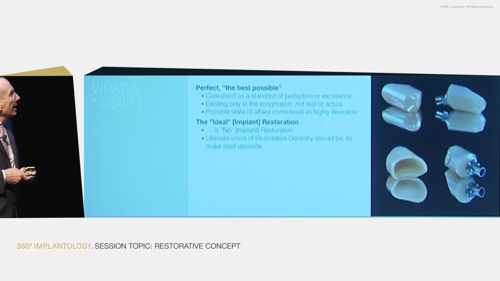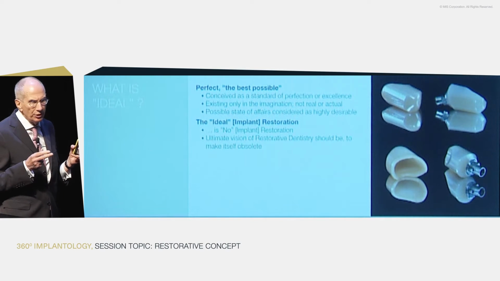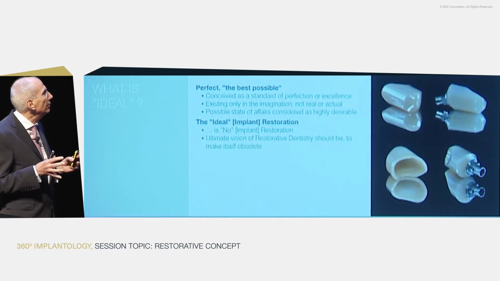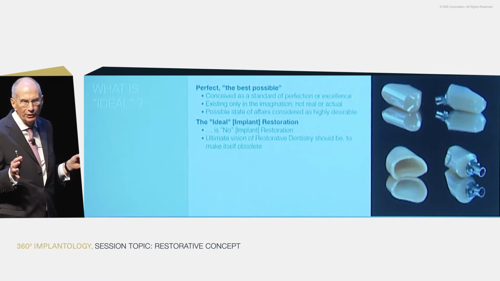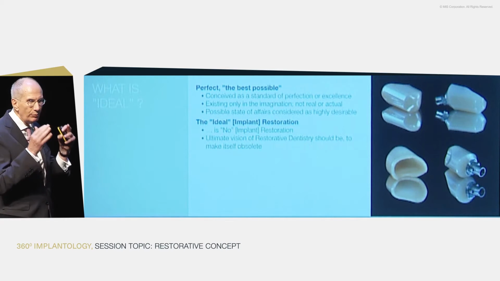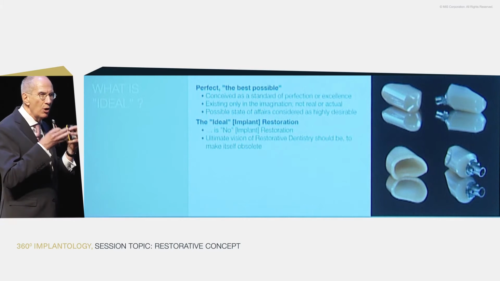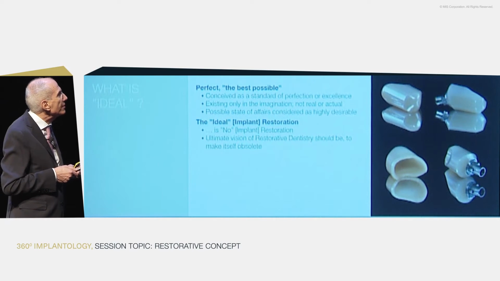And we have to remember that for every prosthodontist the ideal is the restoration that I never did, because the natural teeth are still the best, and we always have to compare with the situation of the natural dentition.